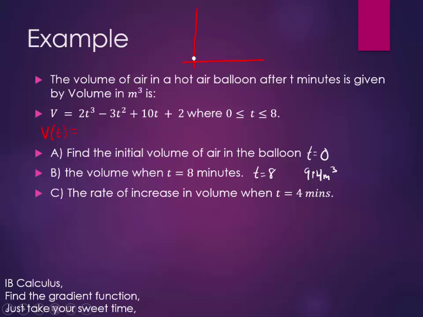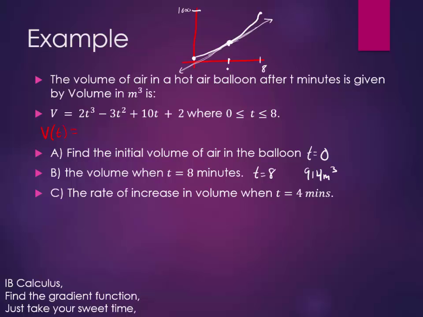Now the real question you are probably going to get is the rate of increase at 4 minutes. It's gone up roughly 1,000 after 8 minutes, and we want to figure out the rate of increase, the slope at that point.